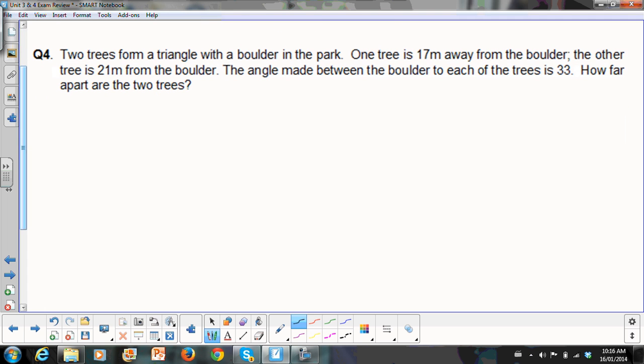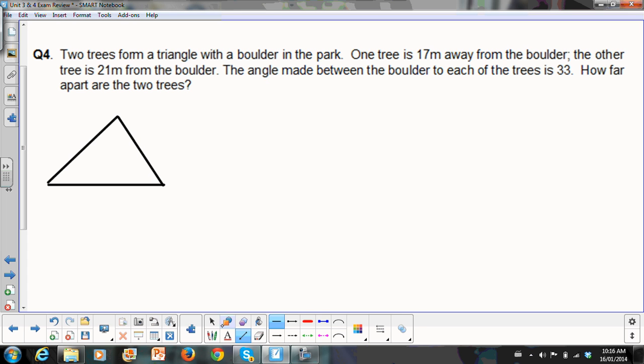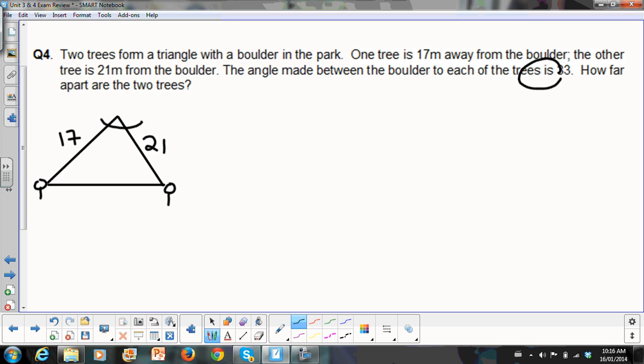Two trees, question 4, form a triangle with a boulder in the park. We form a triangle, 1, 2, 3, with a boulder in the park. So here's a tree, and here's a tree. One tree is 17 meters away from the boulder. The other is 21. The angle between the boulder to each of the trees is 33 degrees. How far apart are the trees?